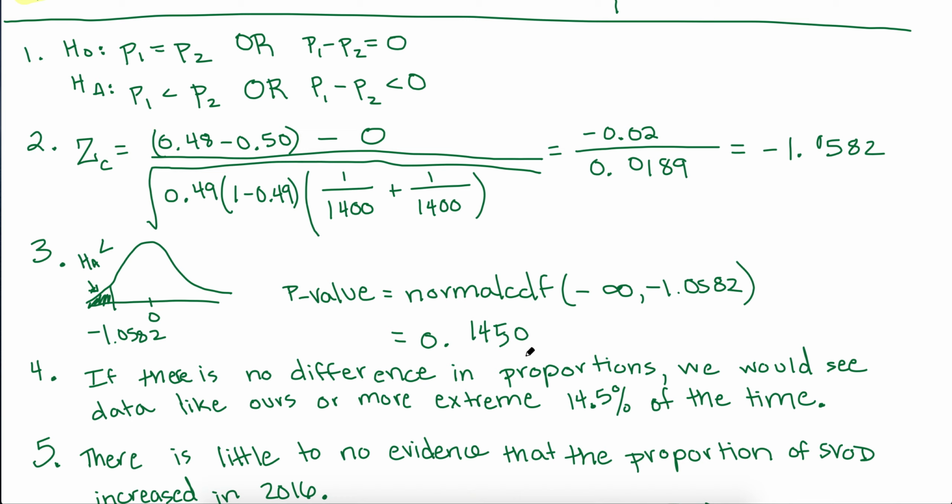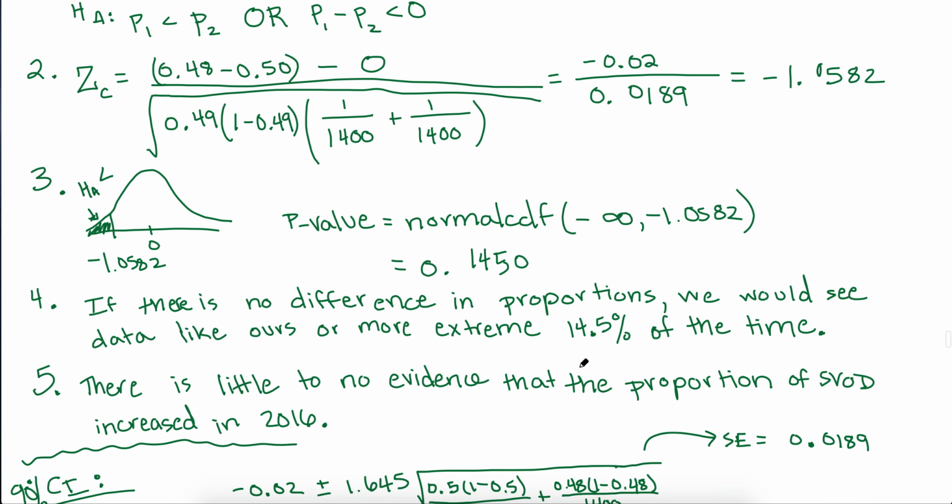So if the null's true, if there's no difference in the proportions for the 2 years, we're going to see data like ours, that's our test statistic, or more extreme, that's the part we shaded, 14.5% of the time. So if the null's true, we have a decent chance of seeing our data. That means we have little to no evidence.